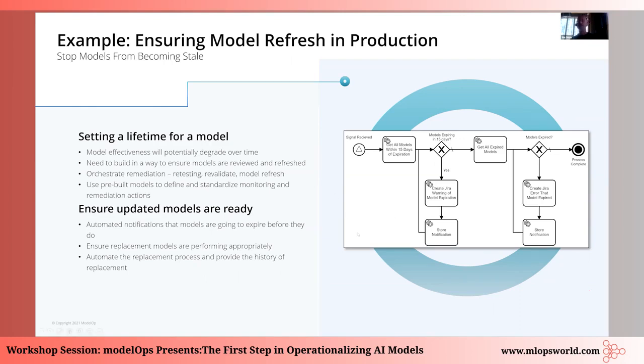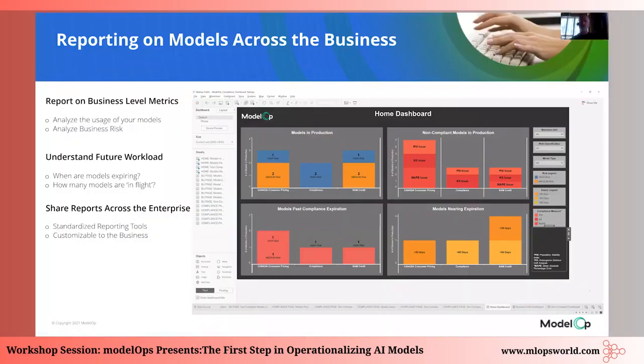And finally, it's not really a model lifecycle, but I think it's a really important part of the whole ModelOps solution, which is being able to look at models from a business level across all of your models. Often, as data scientists, we look at models at a very low level of performance numbers, and we look at them on an individual or maybe comparative basis.